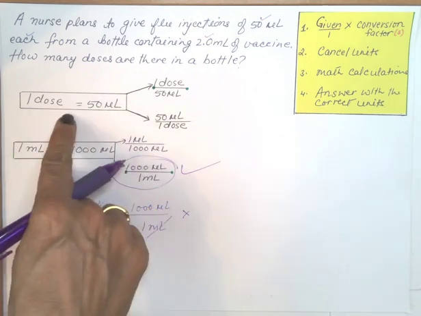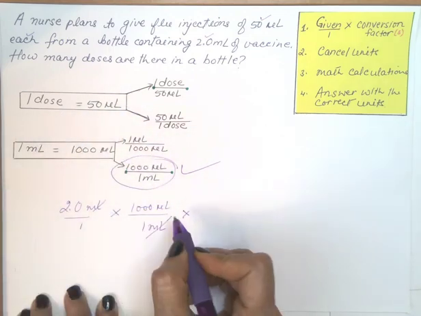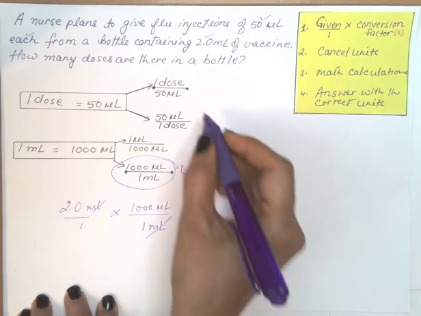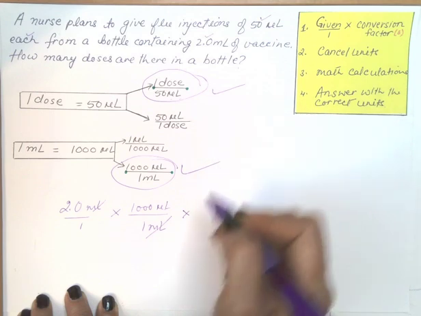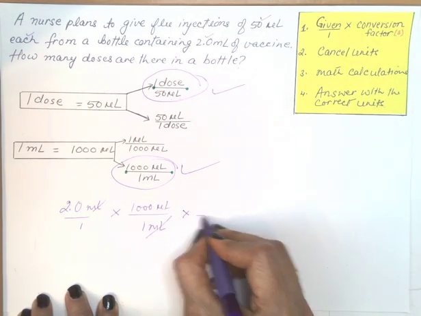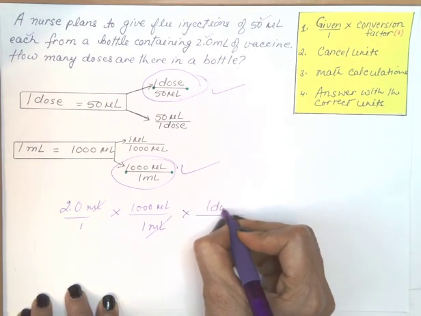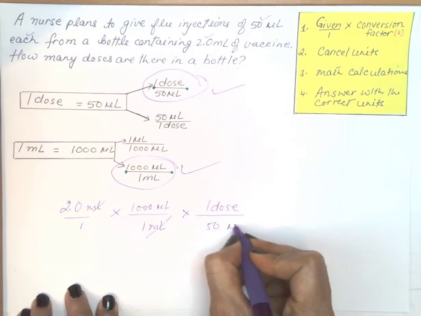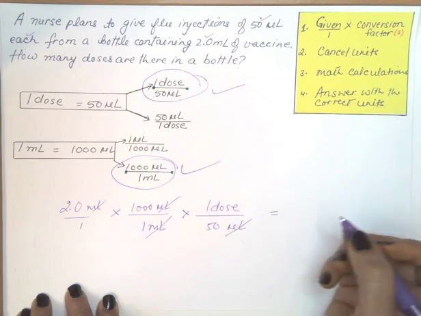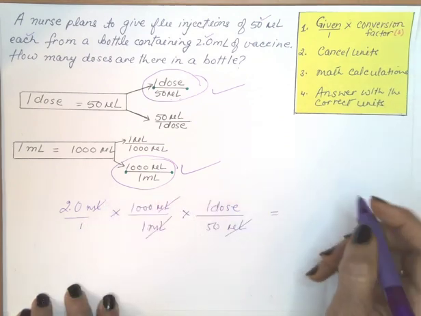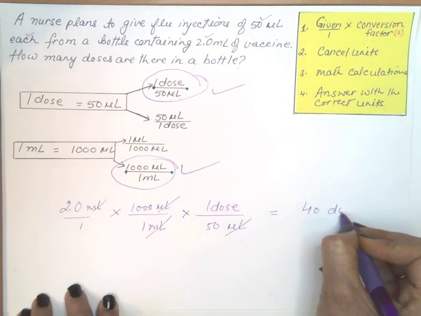Here you go. This is a relationship. And what do I not need? I don't need microliters. So I'm going to pick this fraction because microliter here is in the denominator and here it is in the numerator, so that we can cancel that out. One dose, 50 microliters gets cancelled out, and you are going to do the math and you are going to get 40 doses.